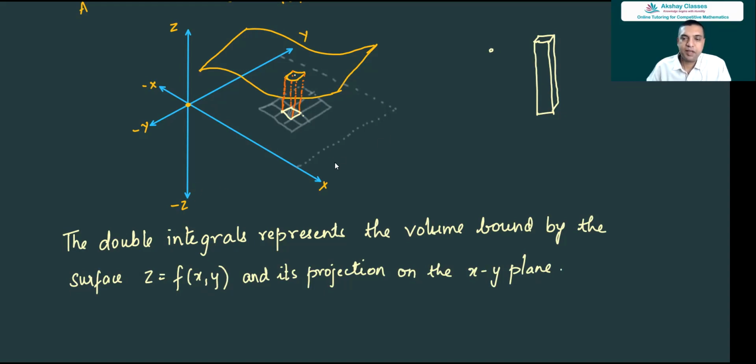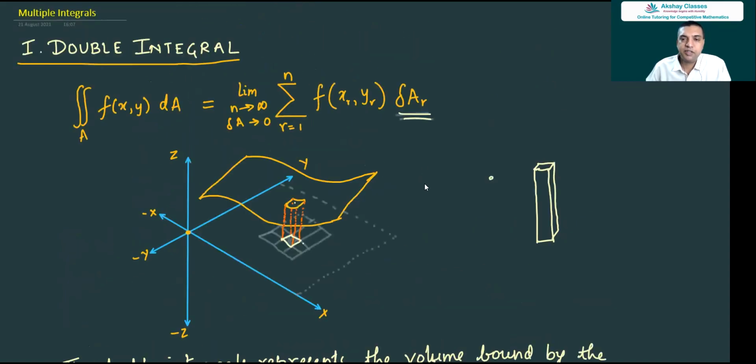So this is the volume generated. So the double integral gives us the volume.